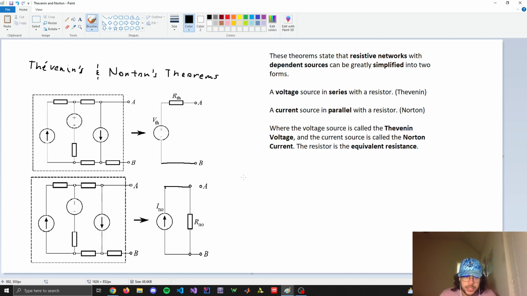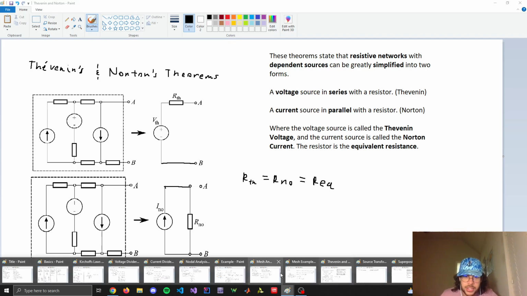In this case, they have it written as RTH and RNO. Well, they're going to be the same value. It's just the equivalent resistance. And then the Thevenin voltage and the Norton current are calculated by zeroing the sources in these two circuits. And then you solve it via that. You have to add them algebraically, knowing that current sources add up in parallel and voltage sources add up in series. And then it can greatly simplify the circuits into these two forms.